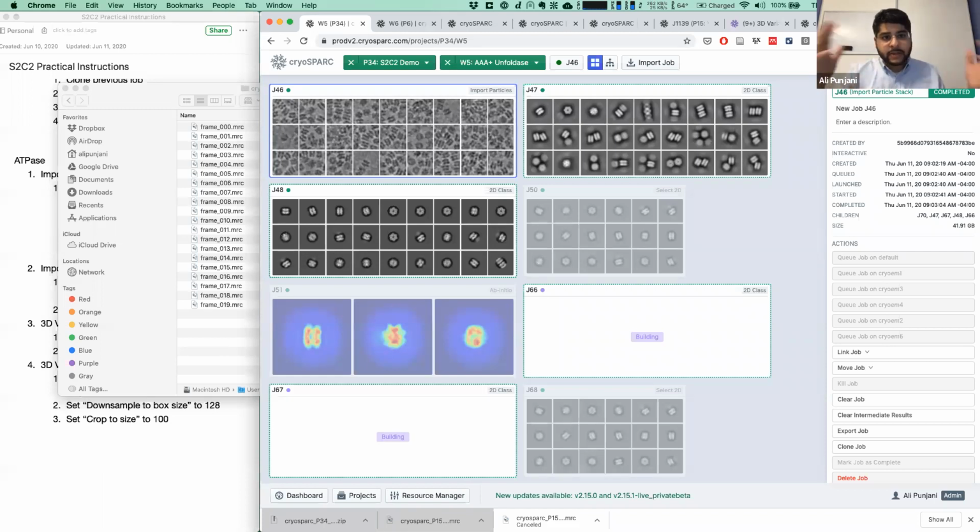And so we don't actually care that there are other particles floating around. They won't ruin the structure of the central particle that we are solving as long as we're able to align that central particle repeatedly across all the images. So we don't need to re-extract. Once we did 2D classification with the windowing, we can be sure that we are able to align the central particle across lots of images, and that's what allows us to do reconstructions very well.